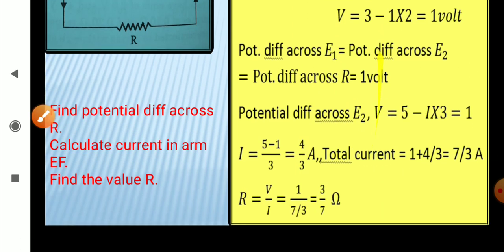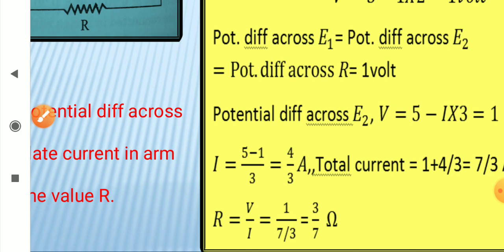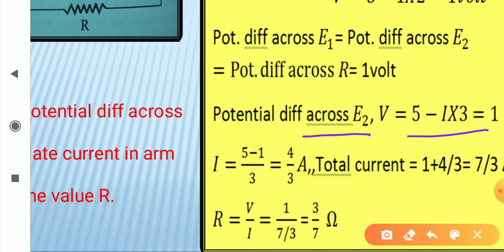Now comes the next part. Now potential difference across E2 is V equals E minus IR, and putting the values you get 5 minus I into 3, and this V is equal to 1 volt also, so 5 minus I into 3 is equal to 1, or I is equal to 5 minus 1 upon 3, or 4 upon 3 ampere.